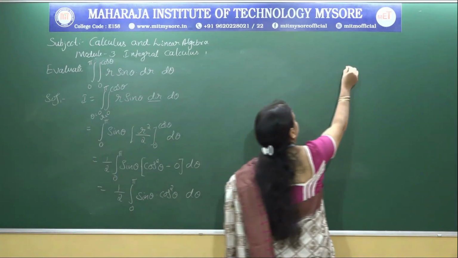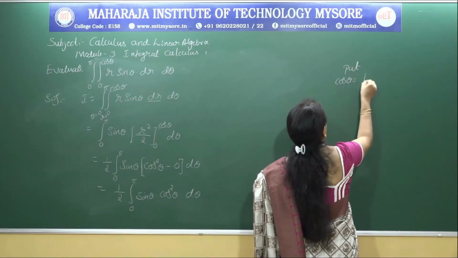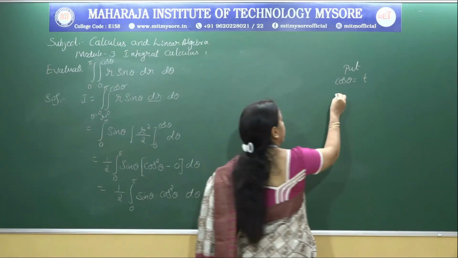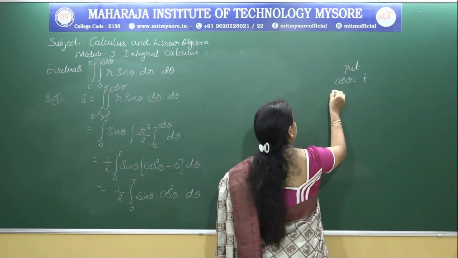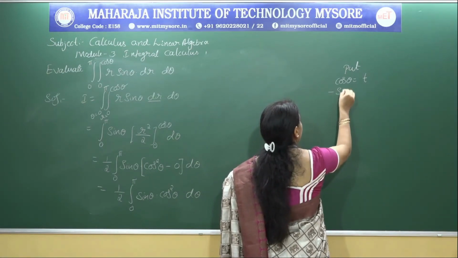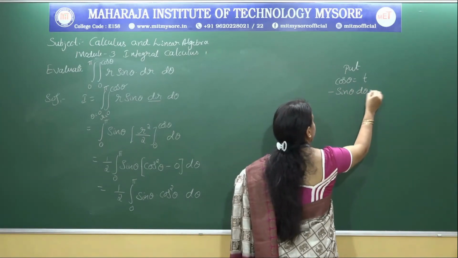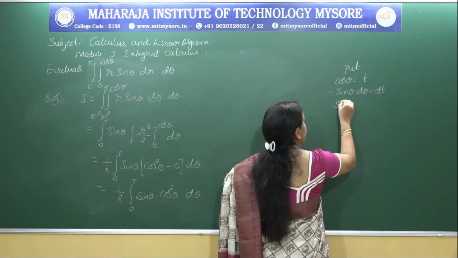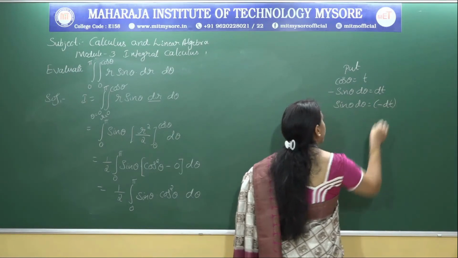Put cos theta equal to t, another variable. Then, differentiating, the derivative of cos theta is minus sin theta, so minus sin theta d theta is equal to dt, or I can replace sin theta d theta by minus dt.